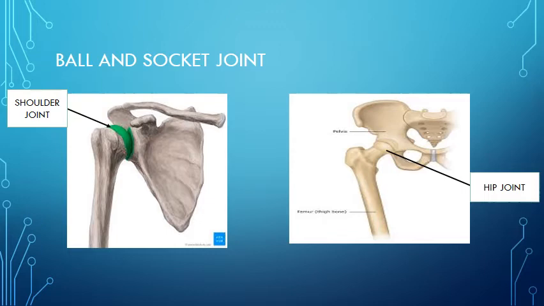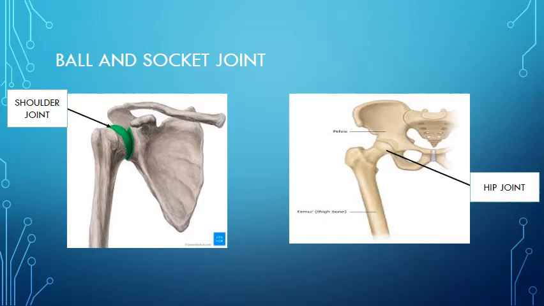You can see in the picture, in both types of joint, either shoulder or hip, a ball shaped surface of one rounded bone fits into the cup like depression of another bone. This type of joint is known as a ball and socket joint, and we can move our hands and legs in all directions with the help of this type of joint.